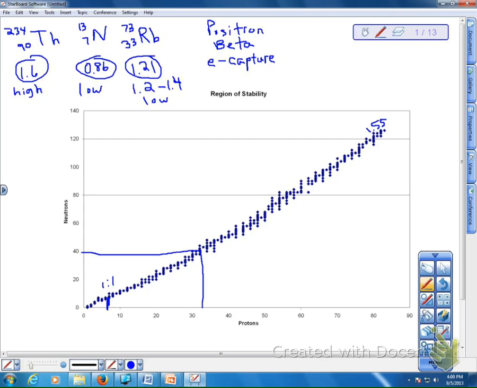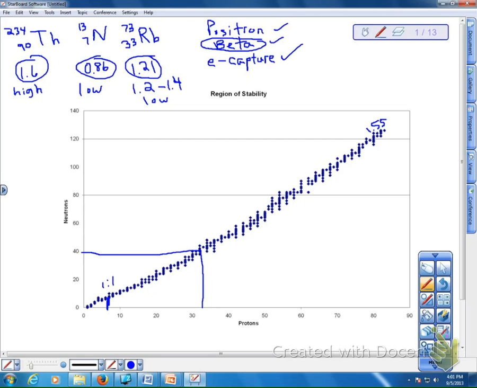All right, so anyway, we have a high, a low, and a low ratio. Which one of the three types of decay methods did you say thorium-234 was going to do? If your ratio is too high, then your only option is really beta, because beta serves to raise the number of protons, which will lower your ratio. The other two, positron and electron capture, both do the opposite. They want to increase your ratio by making neutrons.